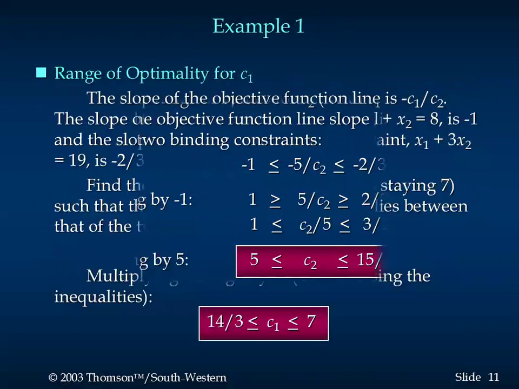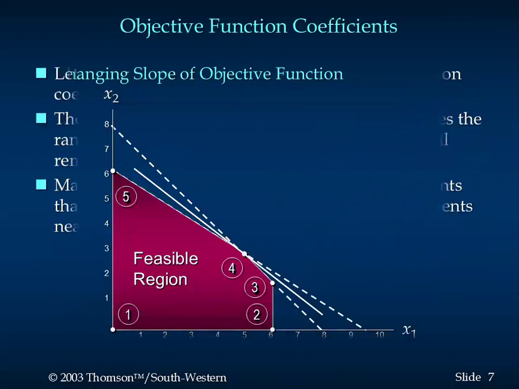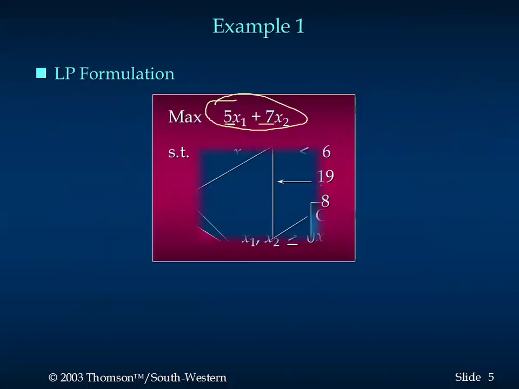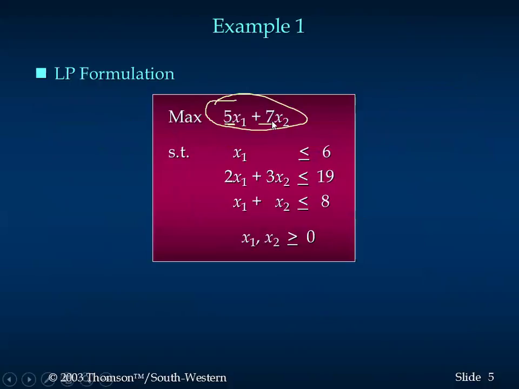So, earlier, remember we said that, so when we talked about changes in objective function coefficients, we said that because objective function coefficients do not change the constraints, right? Because these do not change the constraints, changing the objective function coefficients does not affect feasibility, only affects optimality.